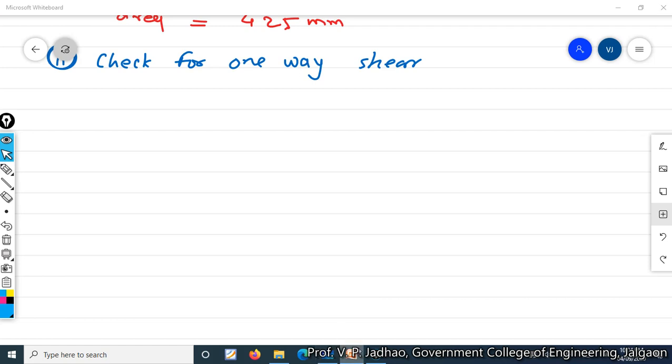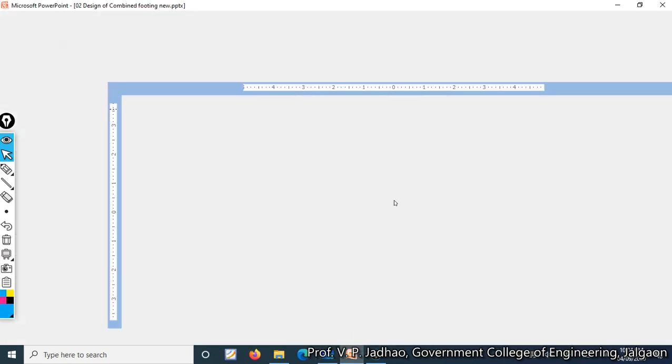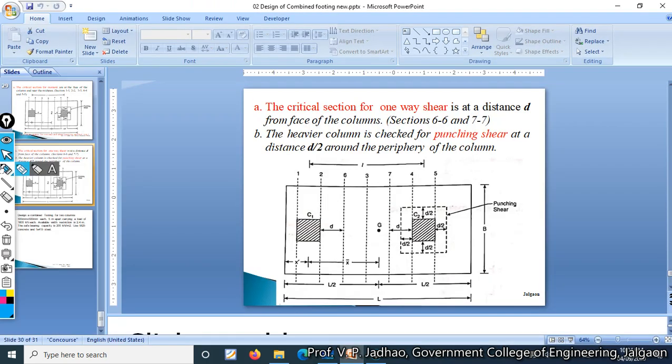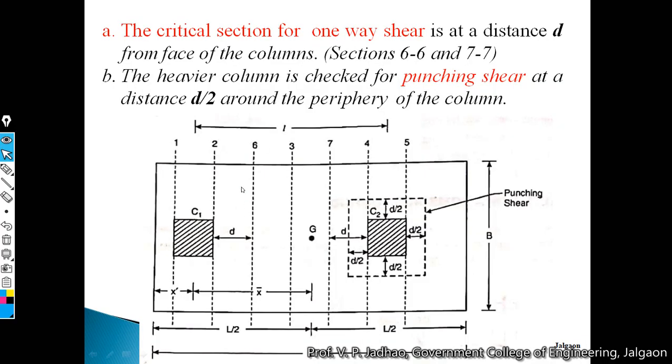Now we have already seen that the critical section for one-way shear is at a distance small d, or depth of your footing, from the face of your column. In this figure you can see the critical section for one-way shear at a distance small d. So this section 6 is at a distance small d from the face of your column.